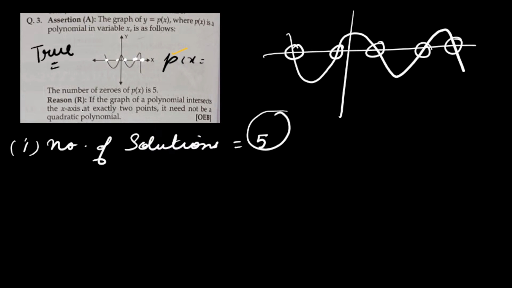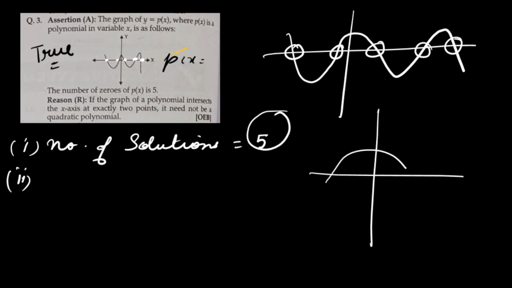Reason. Now the second one: if the graph of a polynomial intersects the x-axis exactly at 2 points, it need not be a quadratic polynomial. If the graph is intersecting, that will only help us to find the real solutions.